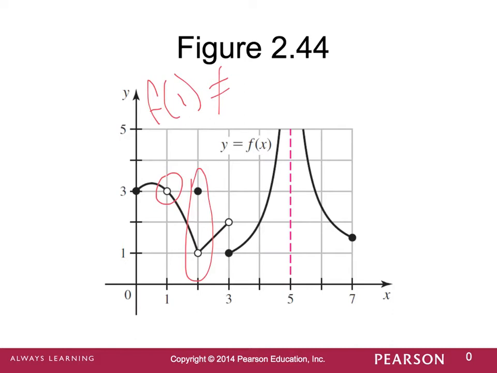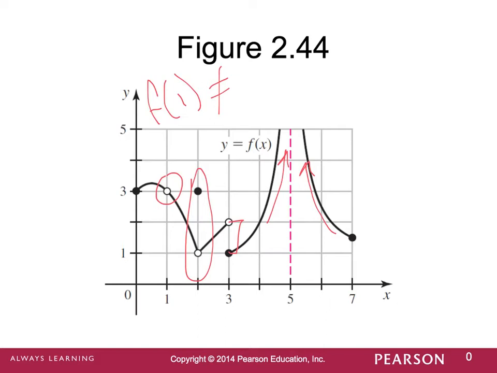Looking further down at x equals 3, we see that the limit does not exist because the limit from the left and right are not the same. So 3 is also a point of discontinuity. At 5, we see that the limit does exist. However, the function is undefined at 5 because we're going off to positive infinity. And since we are undefined at 5, that is also a point of discontinuity.